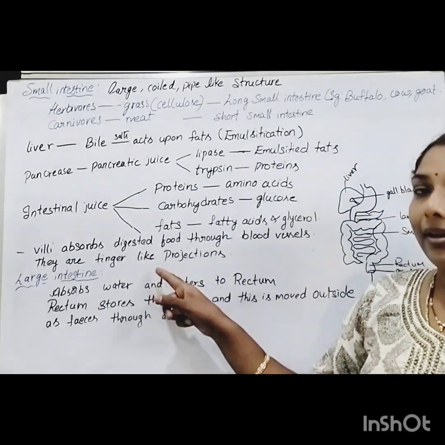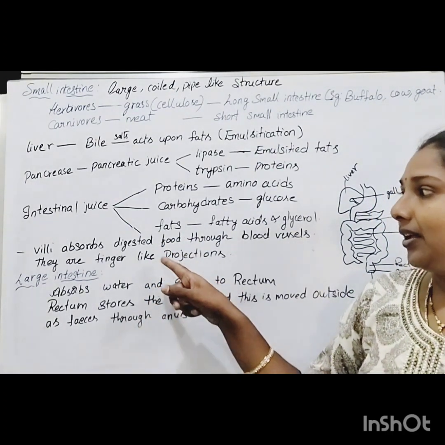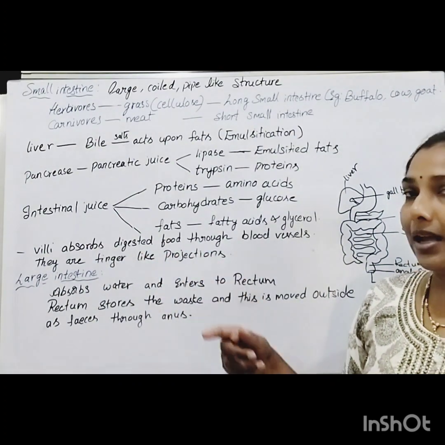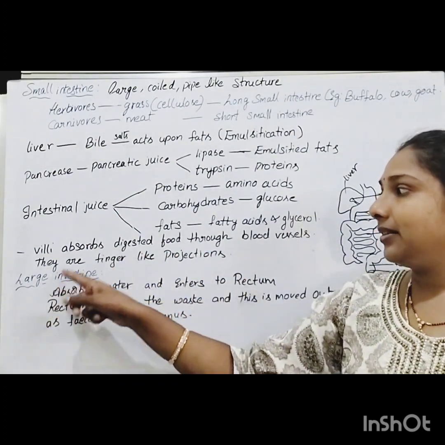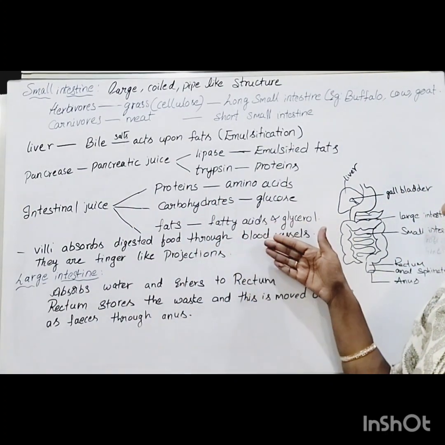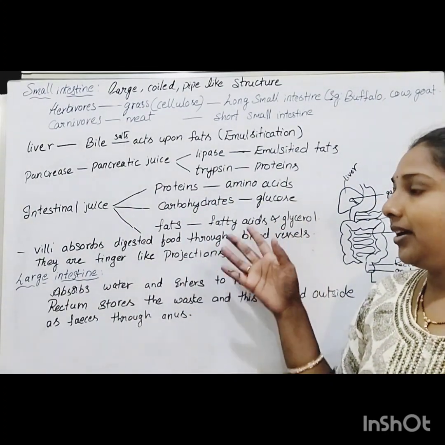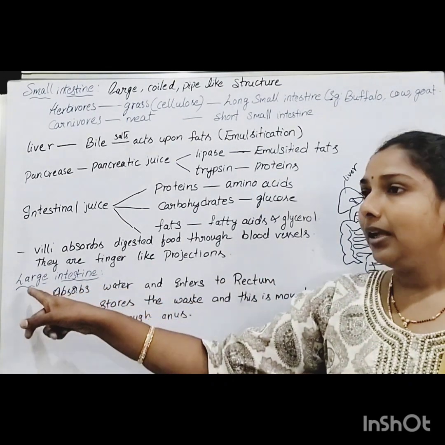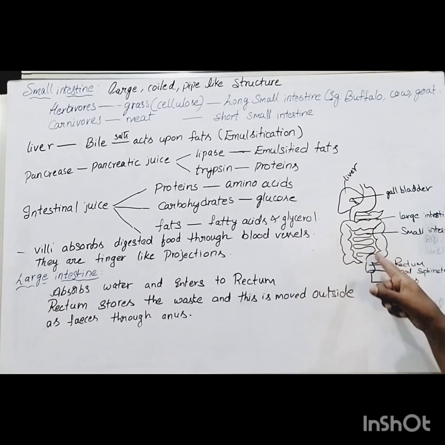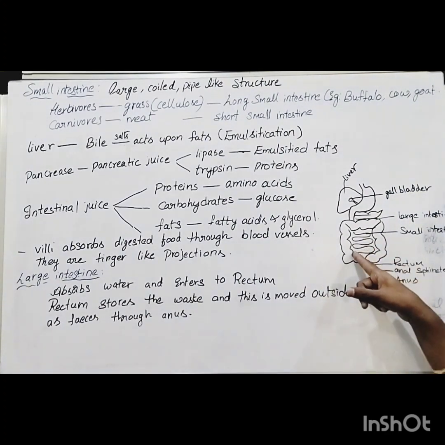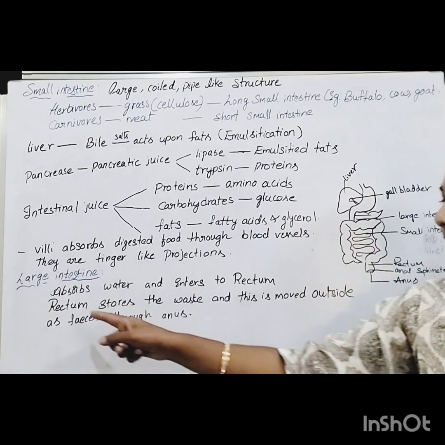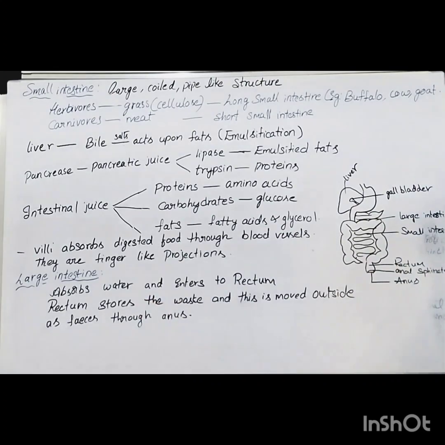After digestion and absorption, the molecules which are undigested, the remaining waste material, will enter into the large intestine. Here you can observe. And here the large intestine will take the waste material. This large intestine is useful for the absorption of water.